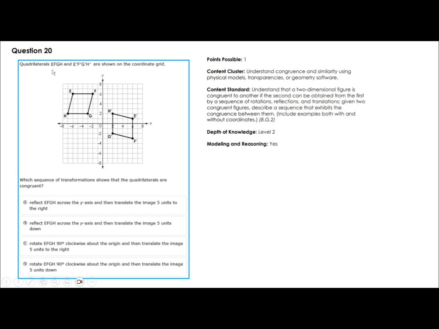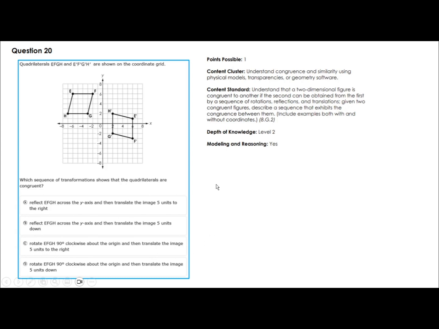Quadrilaterals E, F, G, H, and E prime, F prime, G prime, H prime are shown on the coordinate grid. Which sequence of transformations shows that the quadrilaterals are congruent? Congruent means they are exactly the same, okay? So he's talking about reflect, translate; reflect, translate; again rotate, rotate, translate, translate, okay?